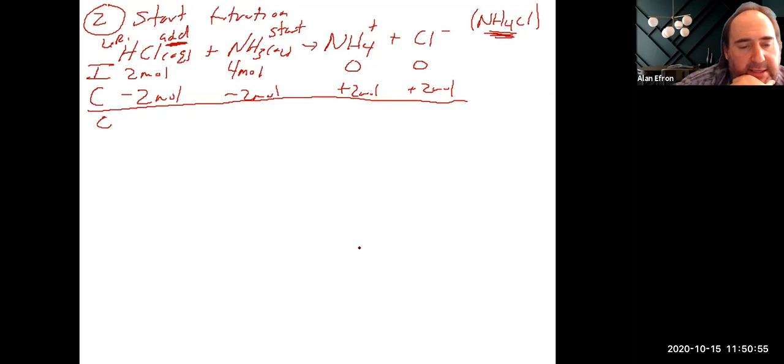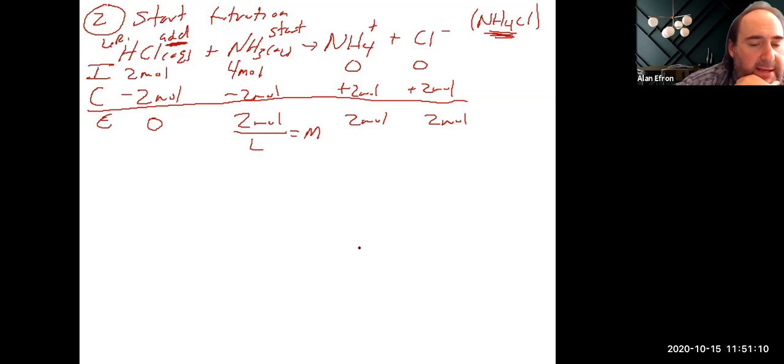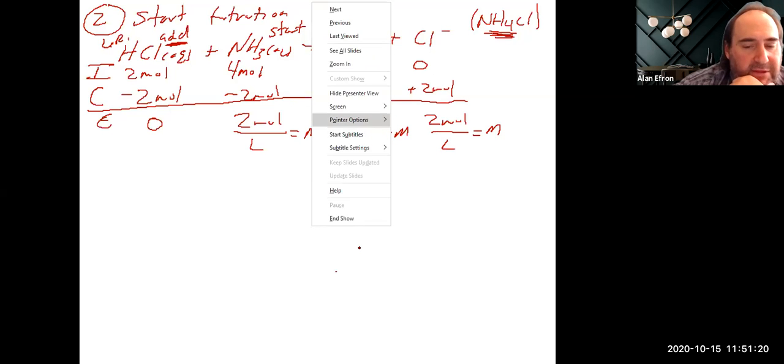When we get to equilibrium, none of the HCl is there, 2 moles of NH3, 2 moles of NH4 plus, and 2 moles of Cl minus. Again, like we've been doing, we will convert everybody back into molarity using our total volume.